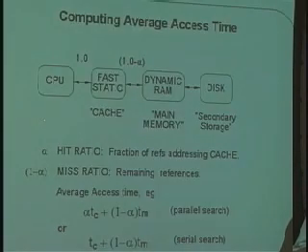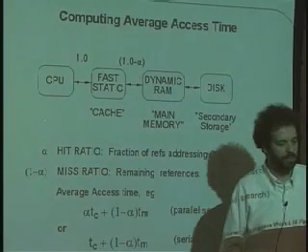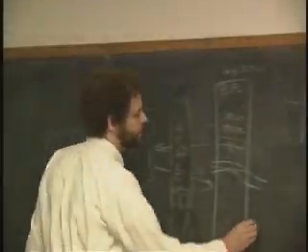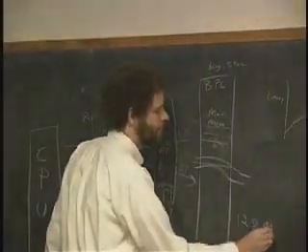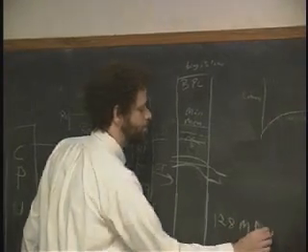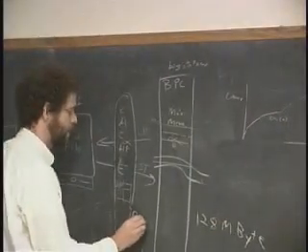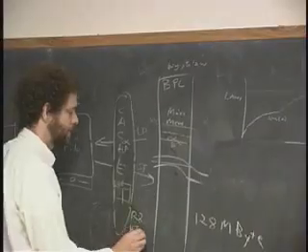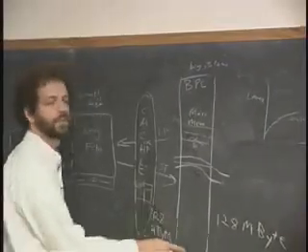Because when I first learned about that, I said, wow, it can't possibly be true. Because after all, this cache is small, and the memory is big. What if this is 128 megabytes, okay, and this is 128 kilobytes? You know, that's a factor of 1,000 different.